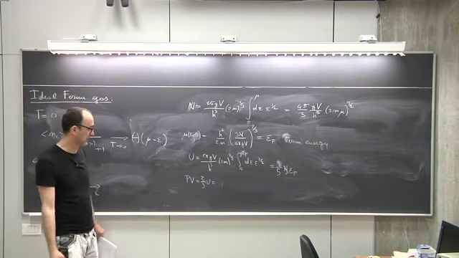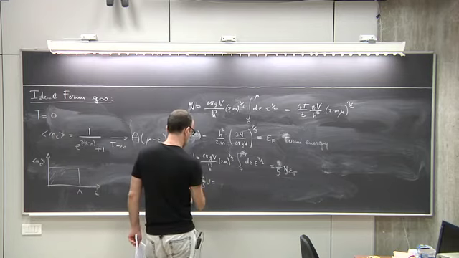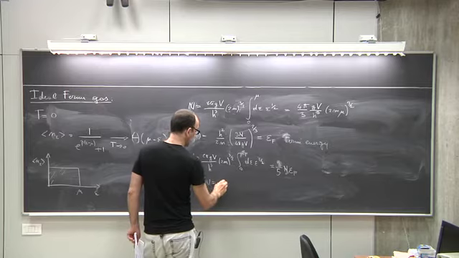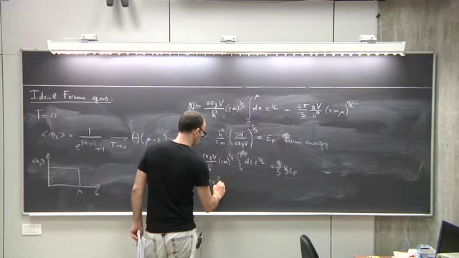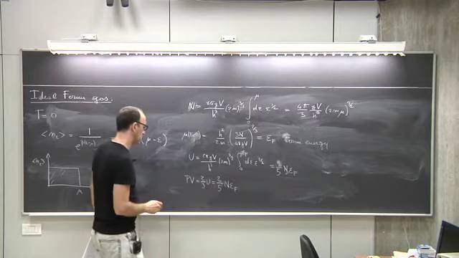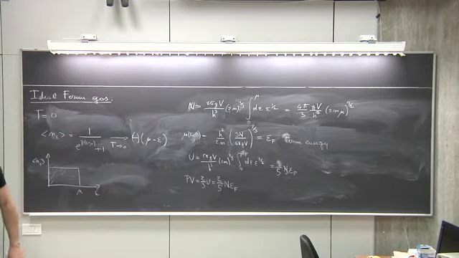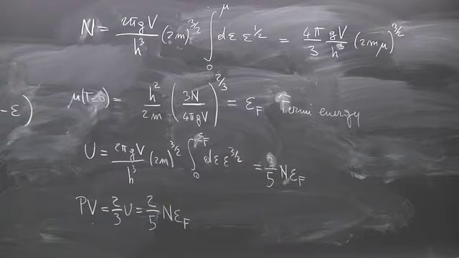It's a very general relation. And so from this you get that PV is equal to 2/5 n epsilon f. So you see the pressure of this gas is non-zero even at temperature equal to 0. This is quite remarkable.